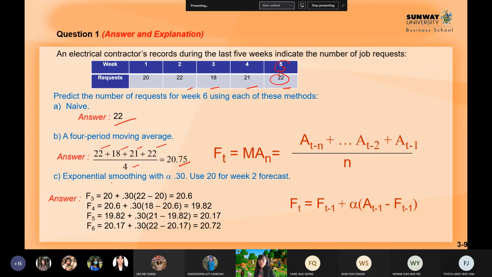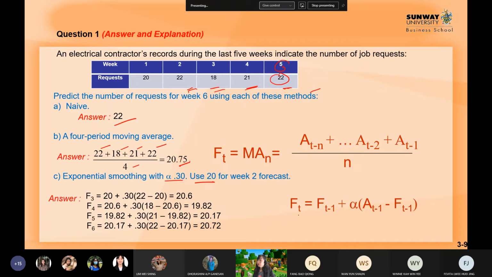Okay, now the exponential smoothing. The indicator is here and you use 20 as the week 2 forecast. For exponential smoothing, you need to calculate every week's forecast, then only can you get the week 6 forecast. How do you get it? You see this calculation.